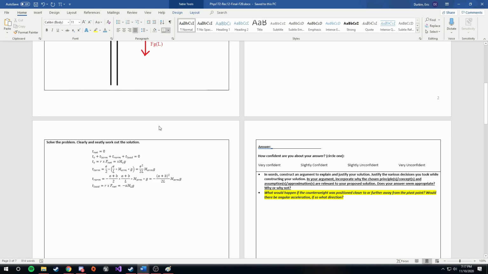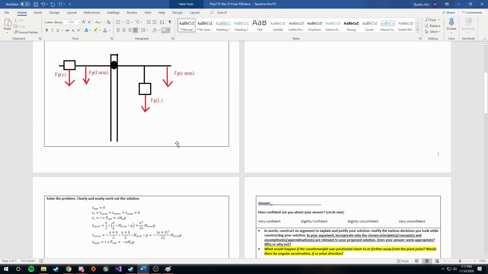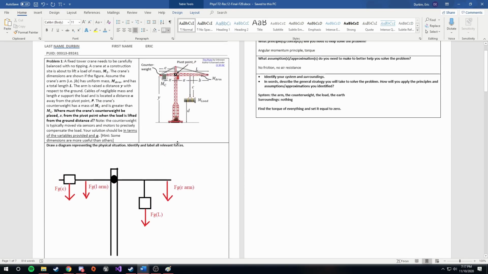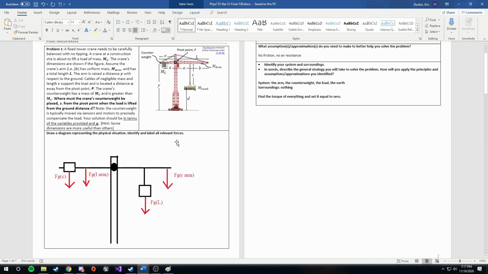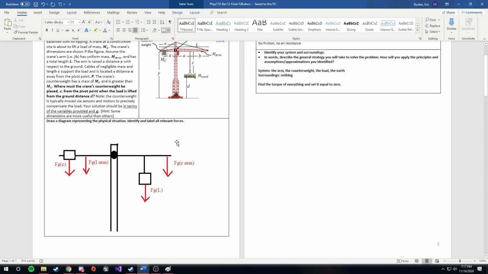For the left arm, we got e squared over 2l times the mass of the arm times g. For the right arm, we got negative a plus b squared over 2l times the mass of the arm times g. And the load, we got minus a times the mass of the load times g. Does everyone else have that?